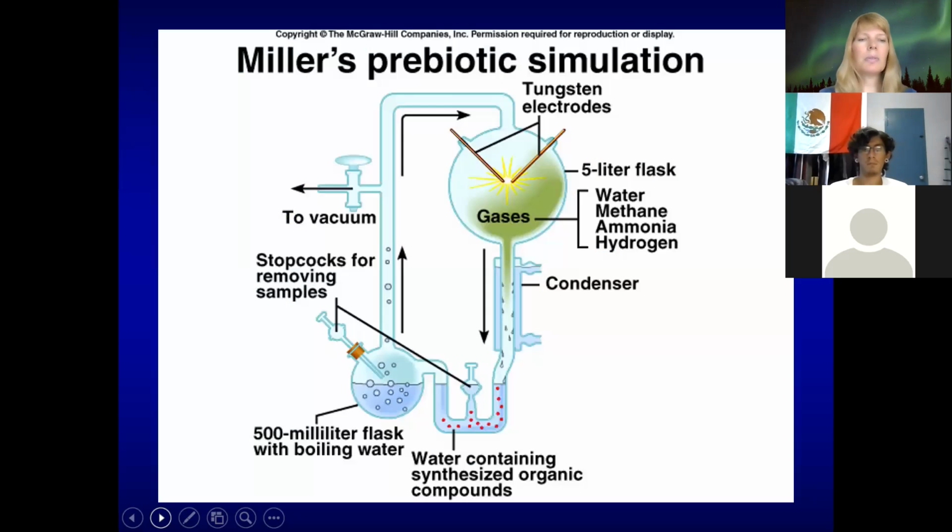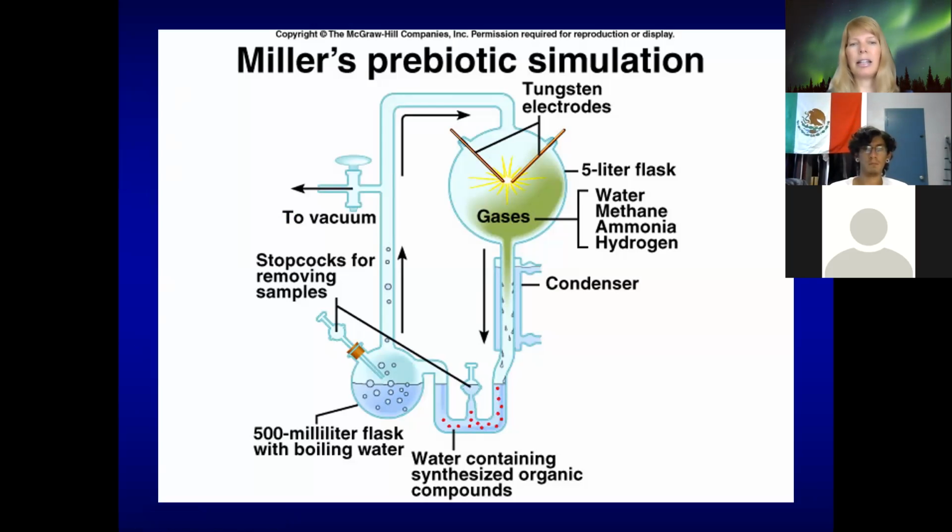And so you might have heard about Stanley Miller's experiments in the lab, where they created an experiment that simulated some of what might have been going on in early Earth, with heat and an energy source, and gases.